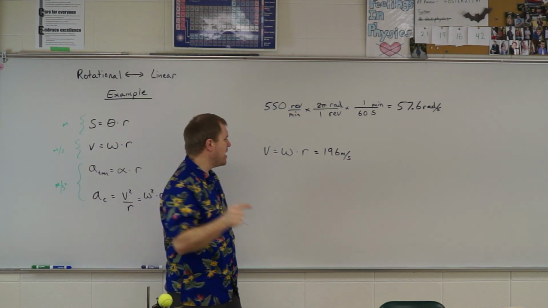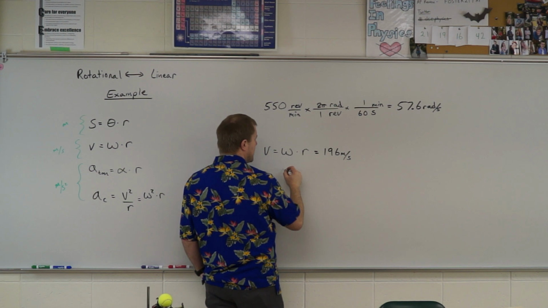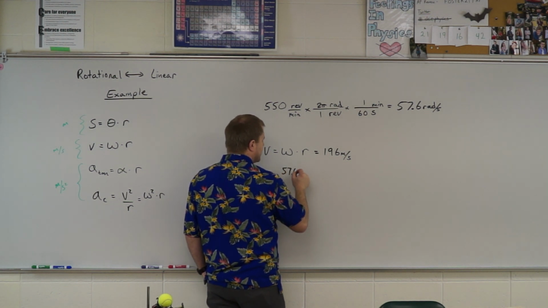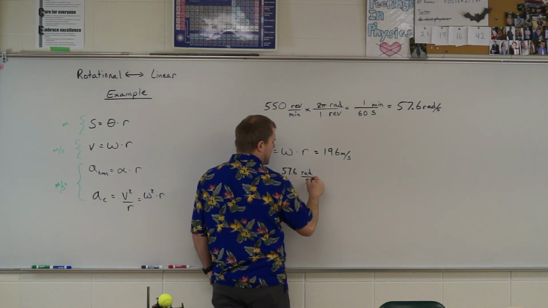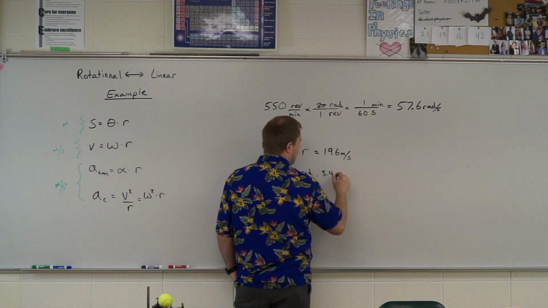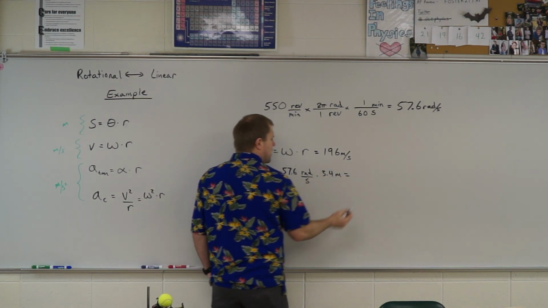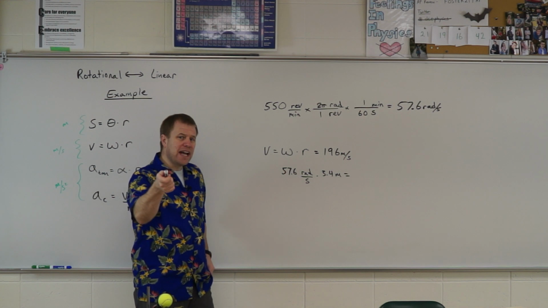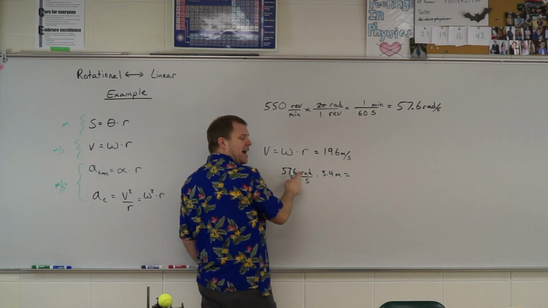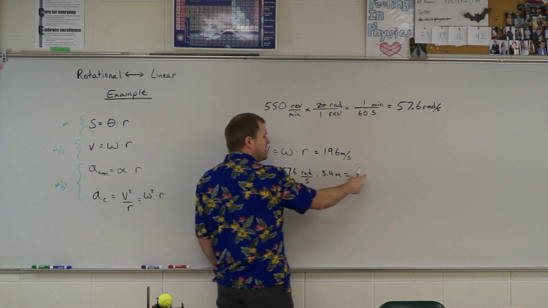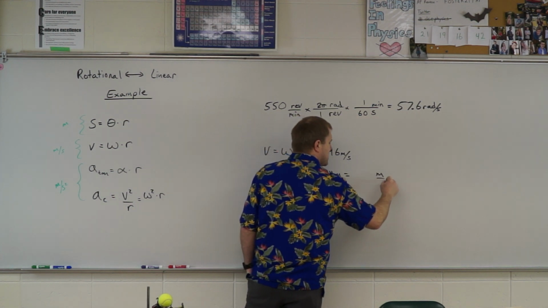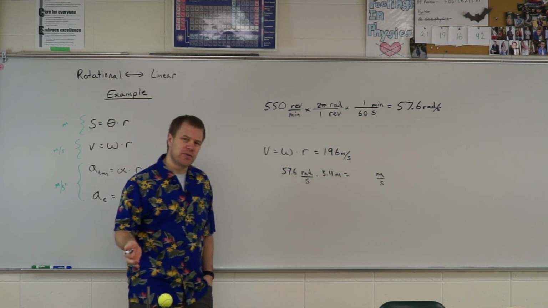Now in the back of your head, you might be thinking, Mr. Foster, you just did 57.6 radians per second times 3.4 meters. I get the 196, but I see radians here, and I don't see radians over here. What happened to it?